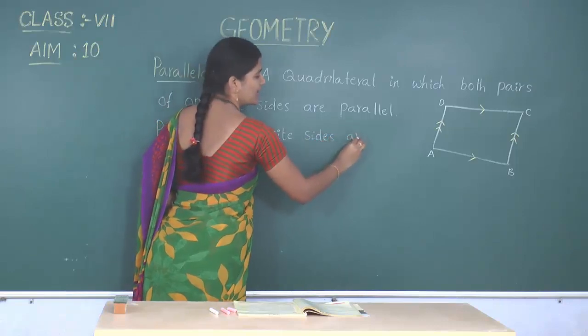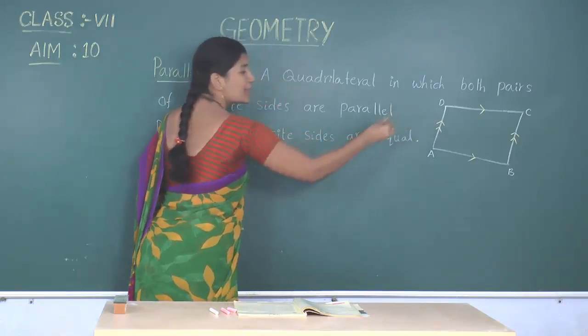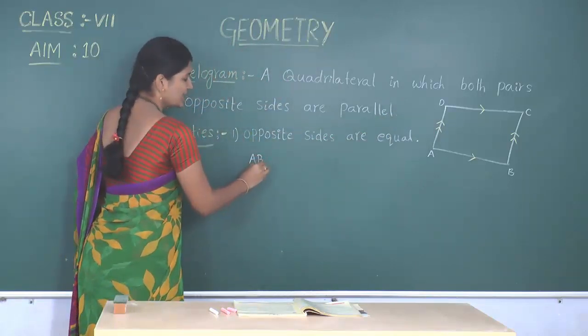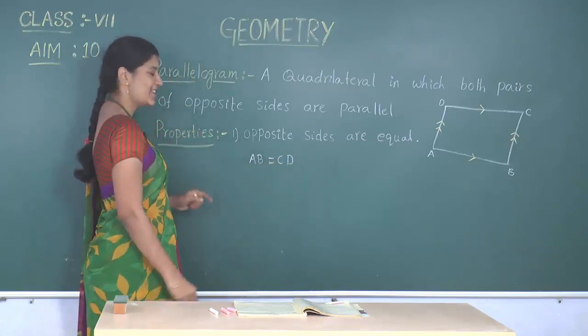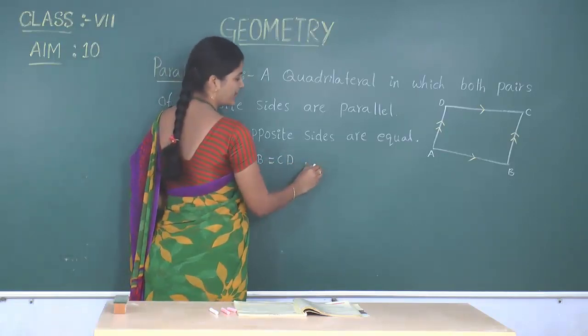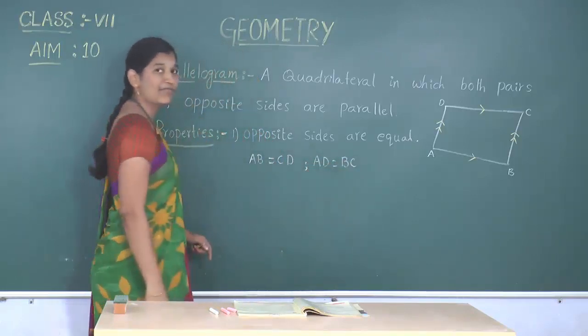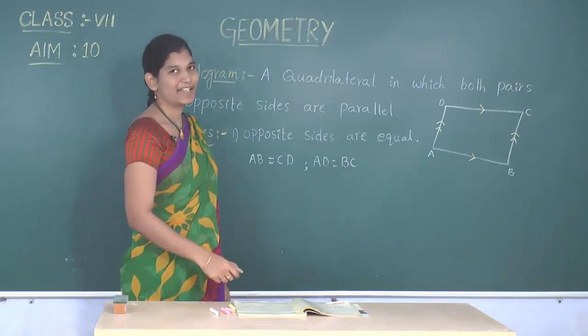What are the opposite sides in that parallelogram? AB and CD, those two are equal. At the same time, AD is equal to BC, because this is another pair of opposite sides.